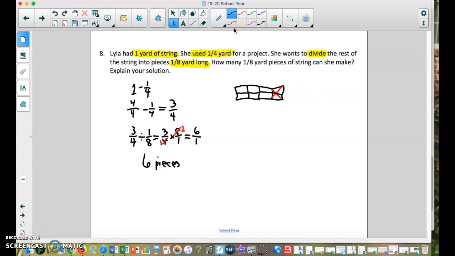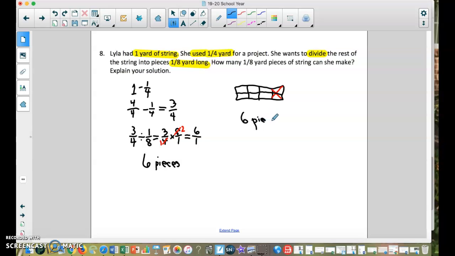But you can see now that each of these is now an eighth. 1, 2, 3, 4, 5, 6, 7, 8. 8 out of 8 would be a whole, but here we have 2, 4, 6. 6 eighths. Now, how many 1/8 yard pieces of string can she make? This is 1, 2, 3, 4, 5, 6. So 6 1/8 yard pieces.